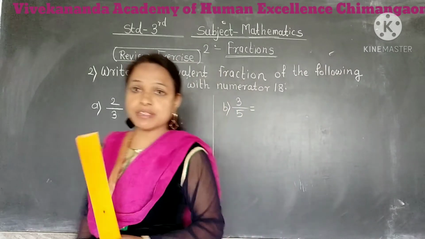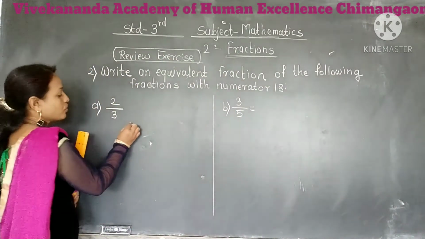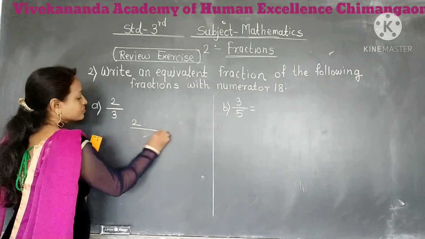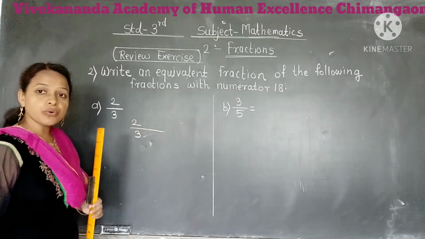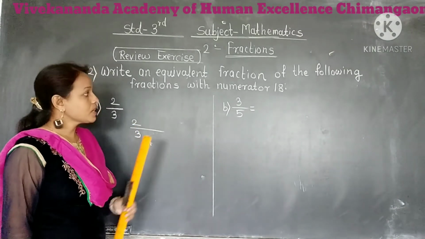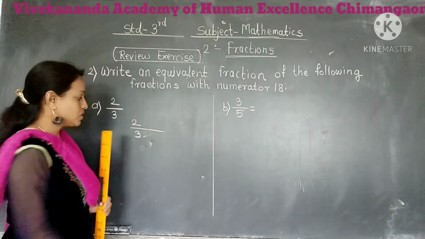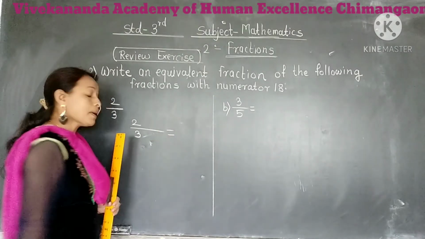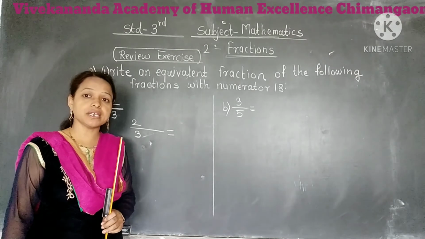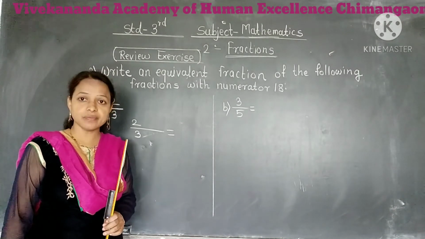Let's see here. We will solve it. 2 upon 3. Its numerator is 2, but we want an equivalent fraction with numerator 18. So tell me, by which number do we have to multiply 2 to get 18?